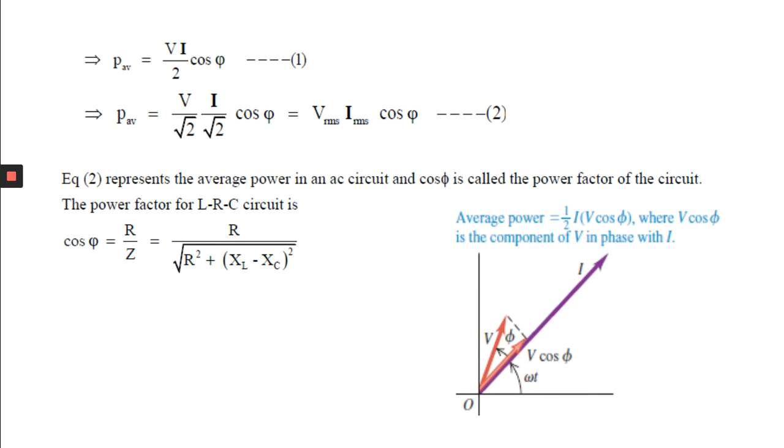It is R by root over R square plus XL minus XC whole square, which you can write as R by Z. What is Z? We have just discussed impedance. So your average power is Vi by 2 cos phi or V RMS I RMS cos phi.